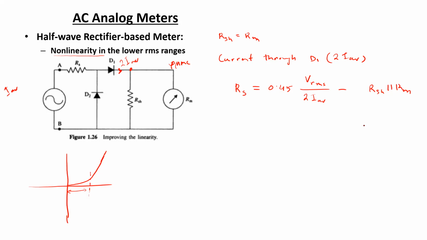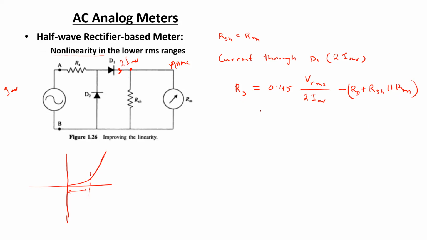And along with that, to be more accurate in calculating the value of the multiplier resistor, we can also consider the forward biasing resistance of the diode D1, which can be represented as RD, and add that to the parallel combination of RSH and RM.